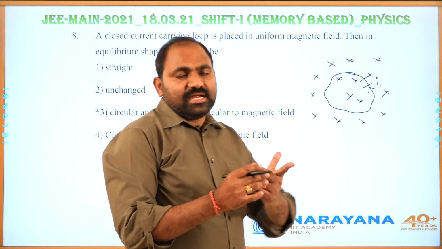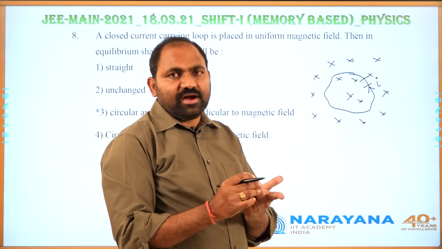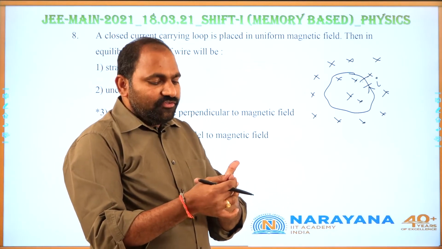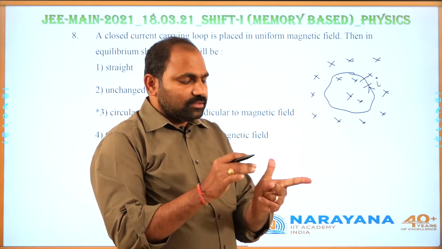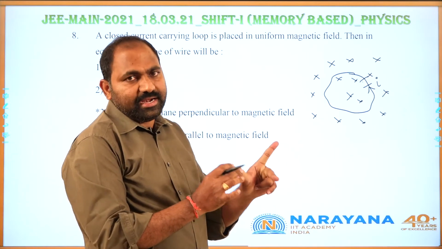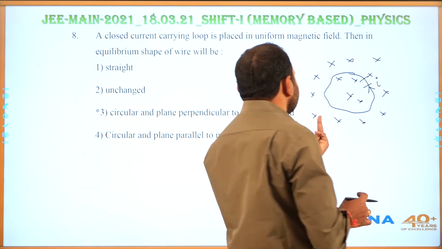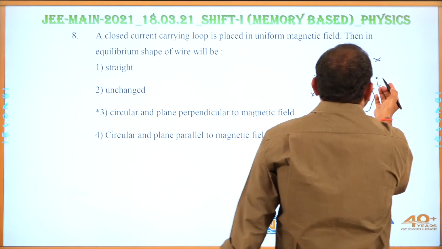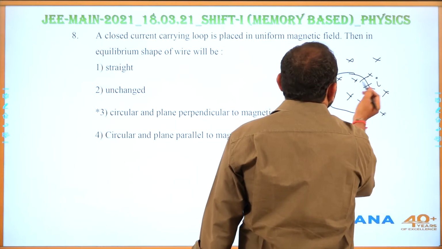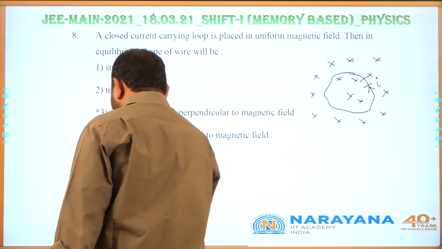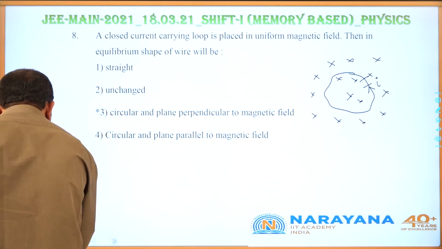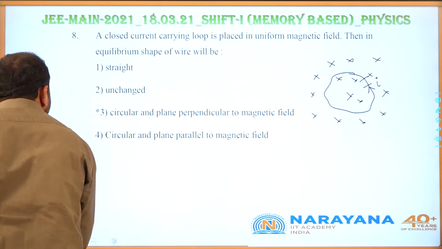If the central finger shows the direction of current, the forefinger shows the direction of magnetic field, the thumb represents the magnetic force. In accordance with this, the magnetic field can be assumed to be outward, or let us reverse the direction of current here.